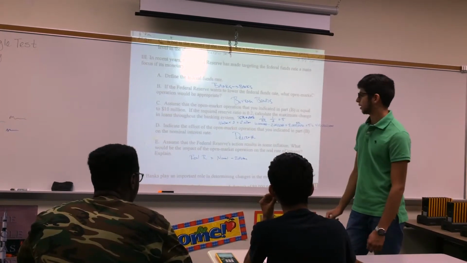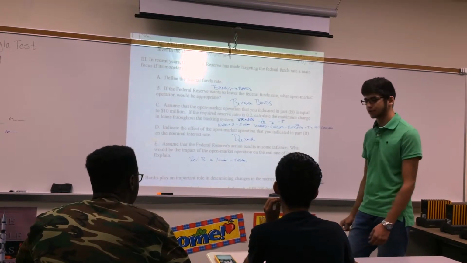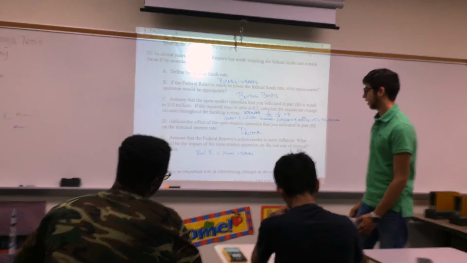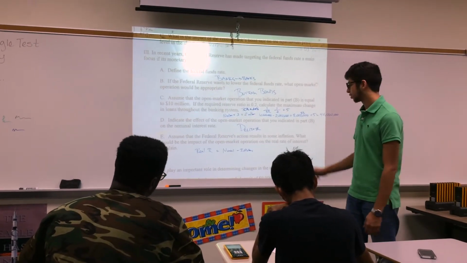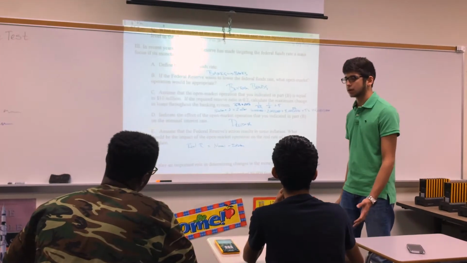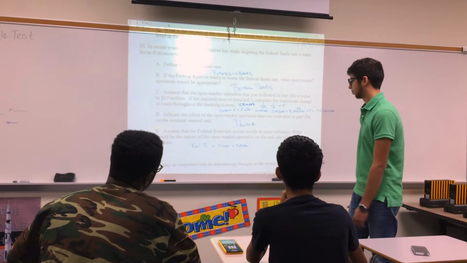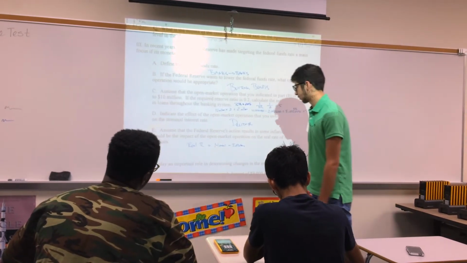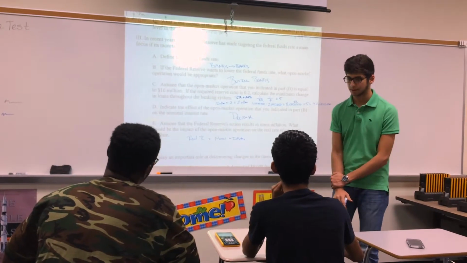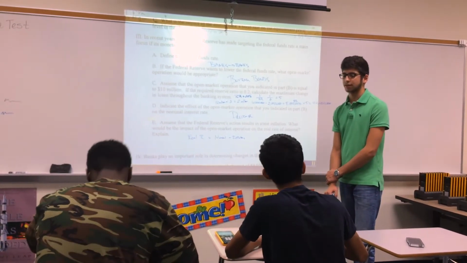Since the government is trying to decrease the interest rate, decreasing the interest rate is going to lead to more investment. But if there's inflation due to their actions, then that's going to decrease the overall amount of investment, because since there's inflation, the return on investment is going to be less. So you just have to remember that your investments are going to be less.